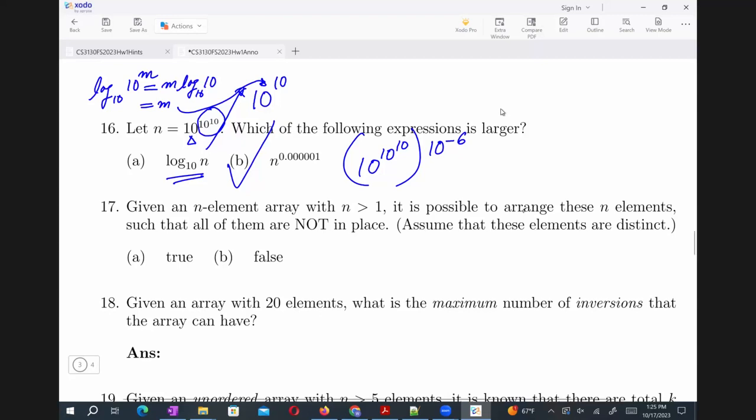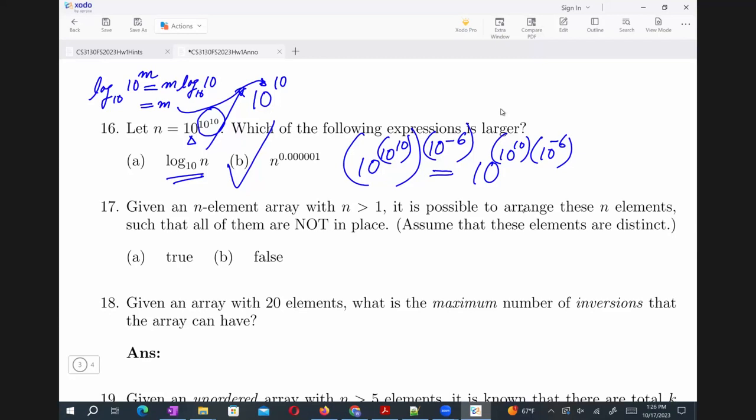You just treat the external exponent as one number and the internal exponent as another number. Two different numbers. Then by the property, the two numbers should be multiplied as the new exponent.